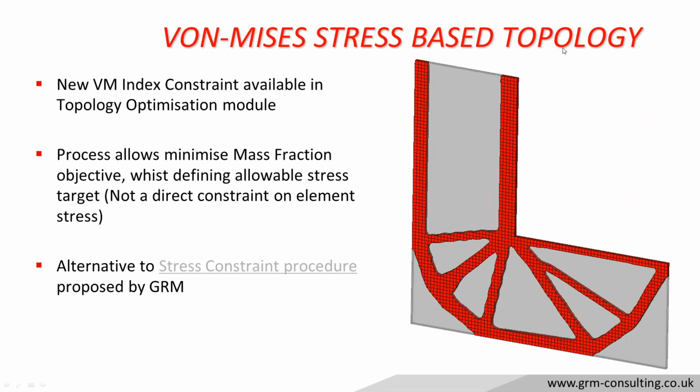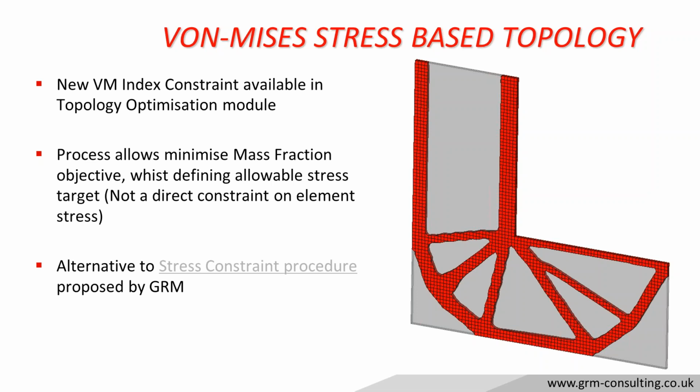So next up, as a feature, we've got the new von Mises index stress-based topology approach. So this is a new constraint effectively inside Topology Optimization for Genesis, and it allows users to minimize mass fraction as an objective whilst keeping a watching eye on stress.